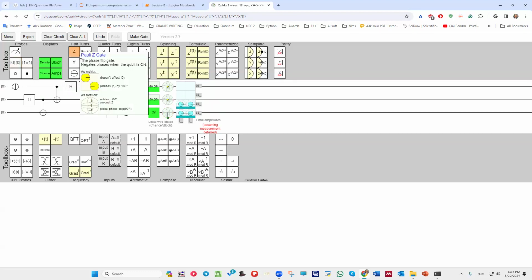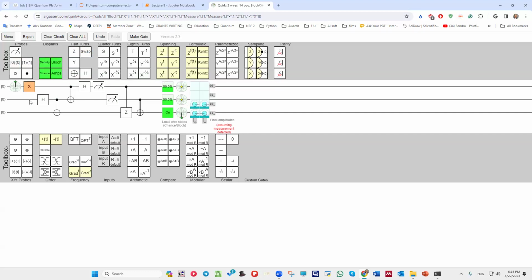Okay, so let me put another Bloch sphere here, so we see what kind of state we have initially on Alice's side, and this is the Bob state he receives as a result of teleportation. So as you can see, completely the same, right? So now if I change the state from 0 to 1, I get the state 0 on the Alice side and state 0 on the Bob side, which is perfect, what we need.